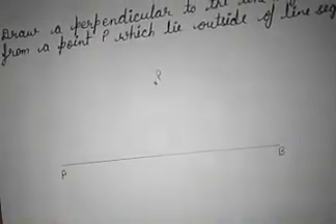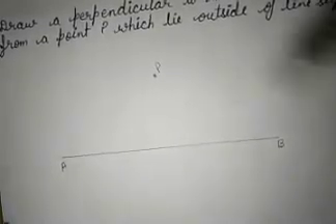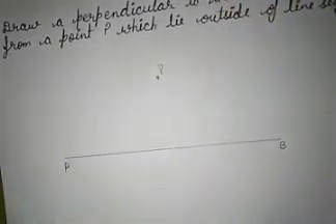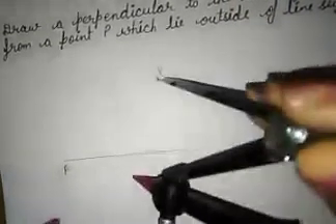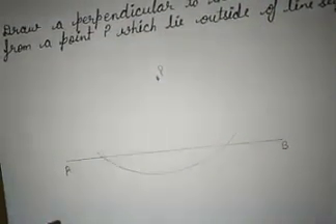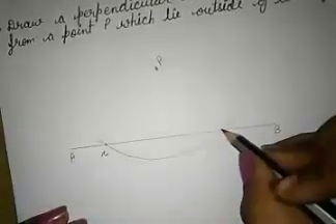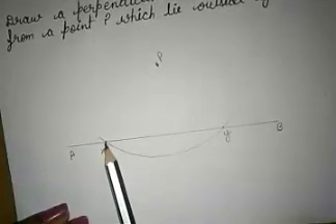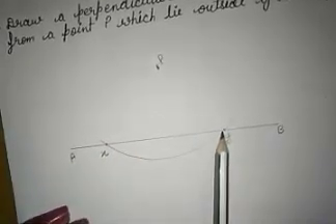So what we will do? We will take P as the center, and with any radius we will mark the arc on AB. You can take any radius of your choice. Now I got another 2 points, X and Y. And this creates a new line segment XY.